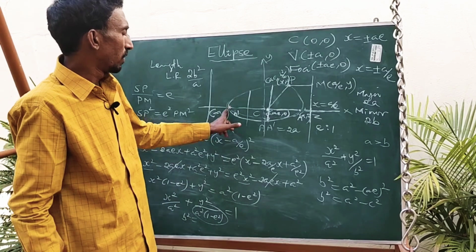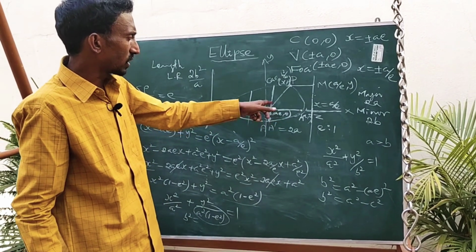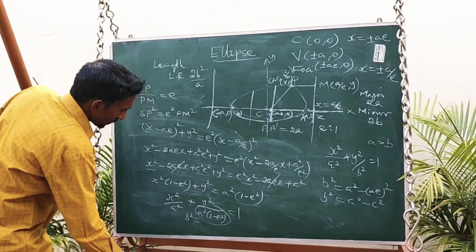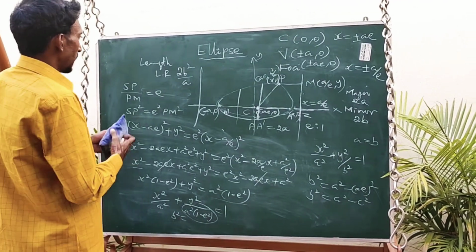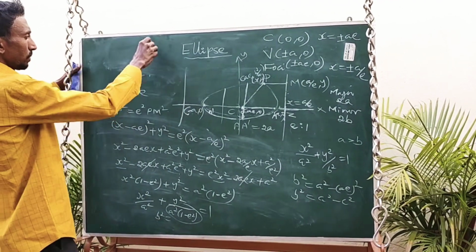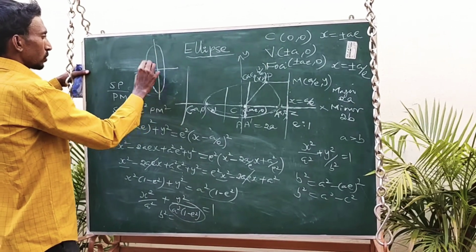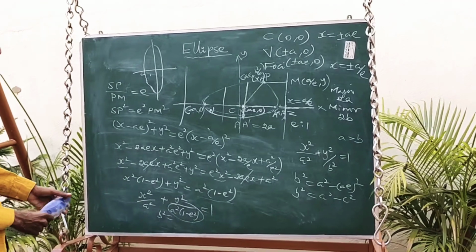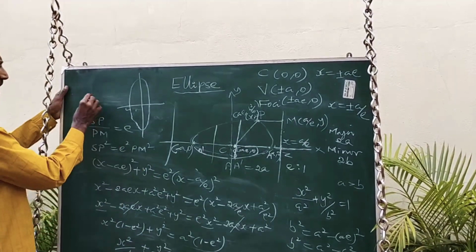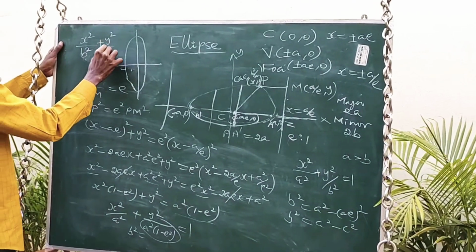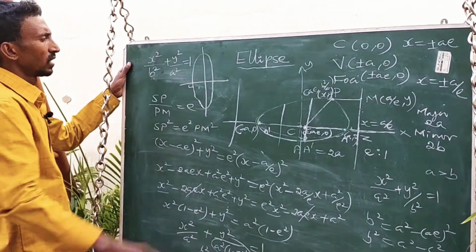Suppose we plot the focus on the y-axis and turn this problem, we get a curve like this. So it is the second type of ellipse, with a slight change in the equation: x square by b square plus y square by a square equal to 1.